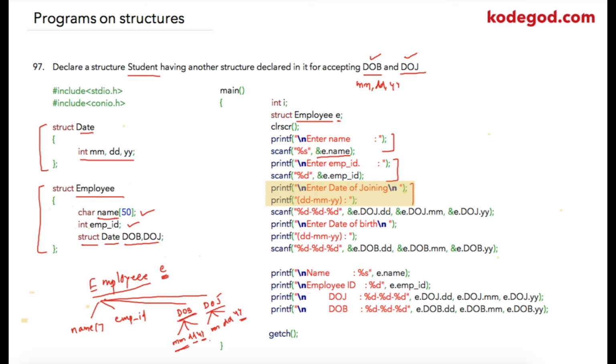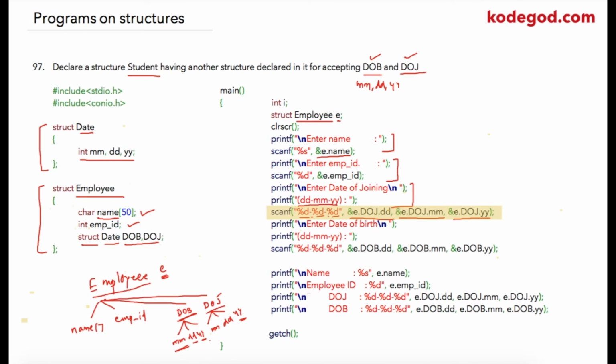and then I am asking the user to enter date of joining, and I am also suggesting the format. Notice that inside of the scanf statement I have %d dash %d dash %d. So all the values for these 3 integers inputted by the user will be stored at e.doj.dd, e.doj.mm and e.doj.yy.